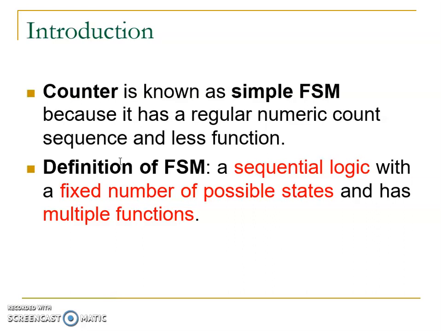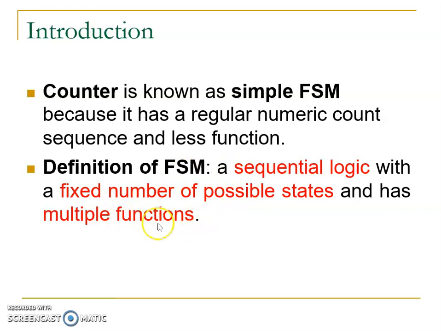So for the introduction, a counter is known as a simple FSM because it has a regular numeric count sequence and less function. As we already learned before this chapter, counter, sequence counter. So actually, that counter is also called a simple FSM. And the definition of FSM is a sequential logic with a fixed number of possible states and has multiple functions.